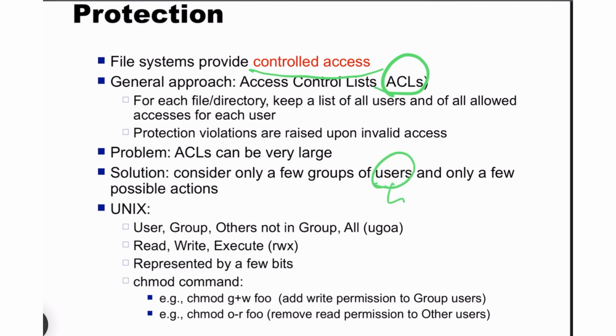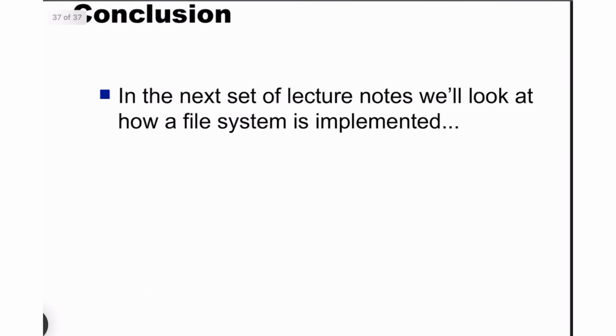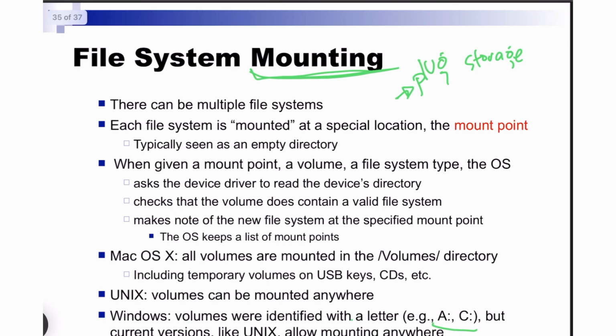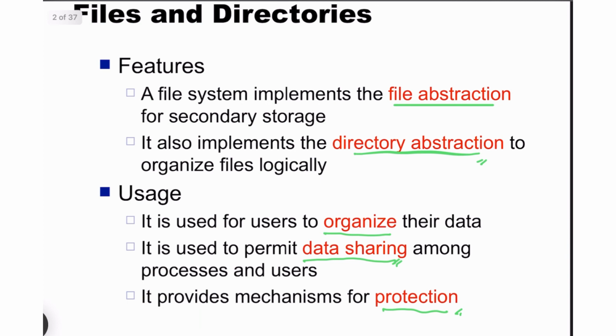When we say user, please refer to when you log in to your computer. Whatever is the designated name of the user, that name is the only one who can access the certain file. So this is access control. Okay, so that is for our file system interface, files, and directories.